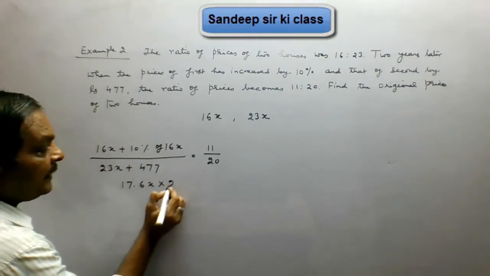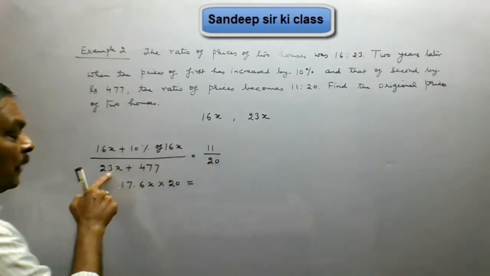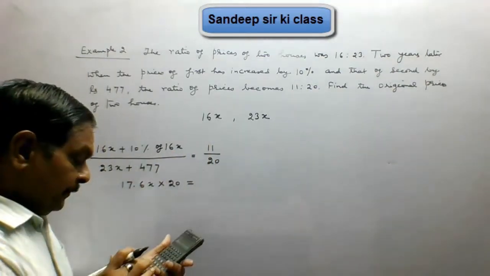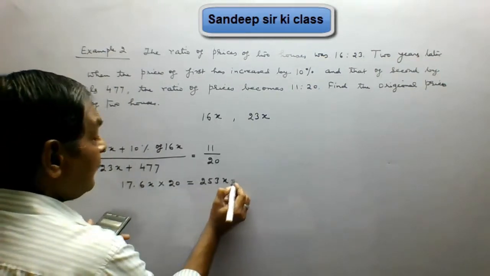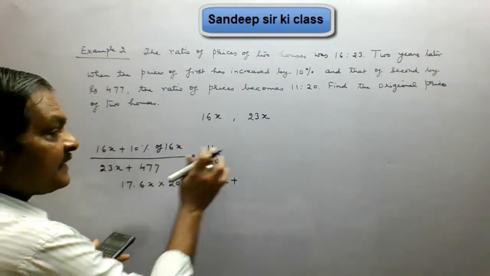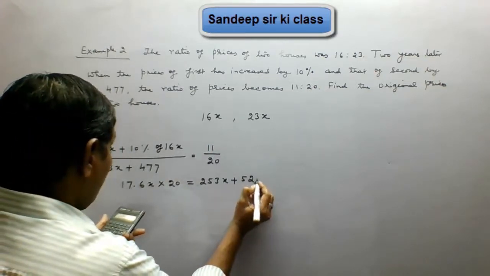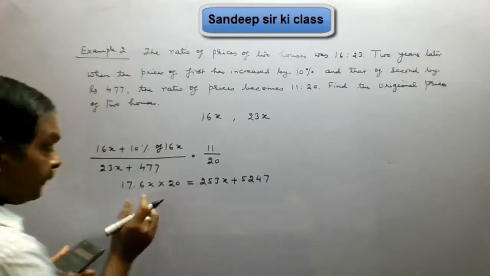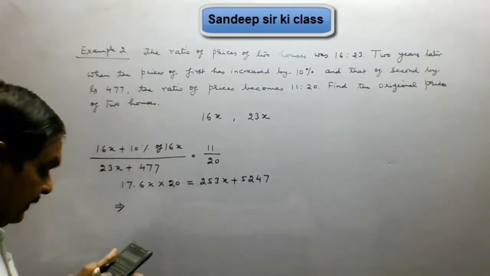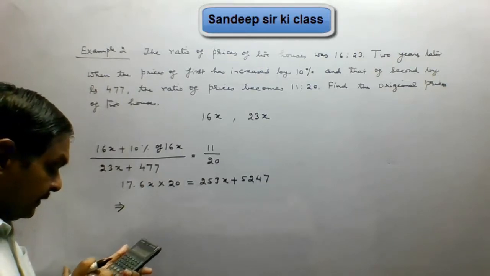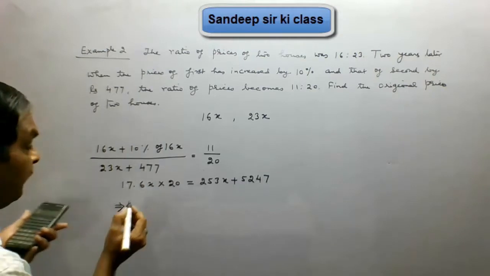This into 20 equals 11 into 23x, which is 253x, plus 477 into 11, which is 5247. Now calculate this. 17.6 into 20 is 352x.